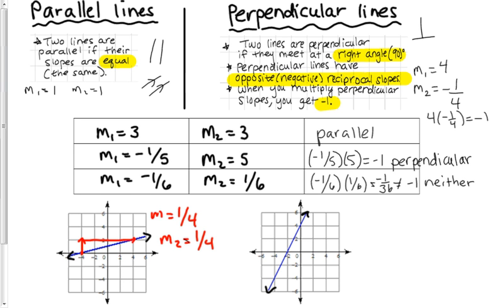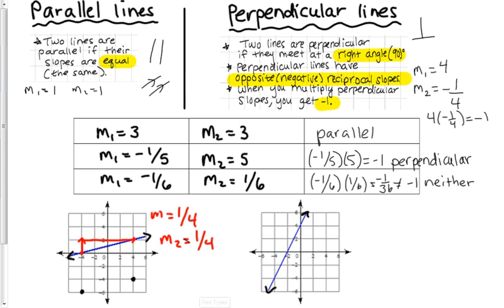So let's try to draw a line with the same slope. I'm just going to randomly put a point here, and I'm going to use my slope, 1 over 4, to create my next point so I can draw my line. So 1 over 4. I go up 1, and then to the right 4. 1, 2, 3, 4.